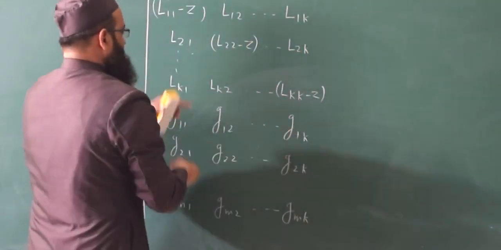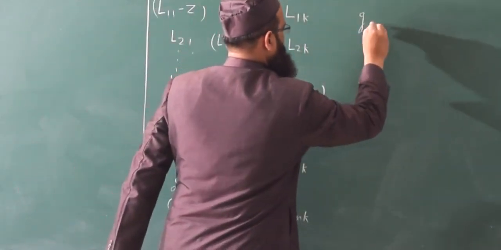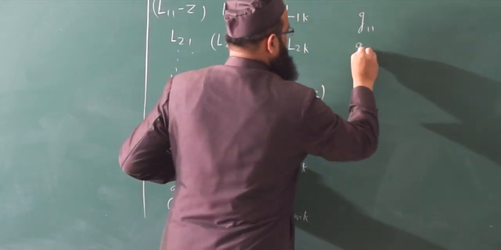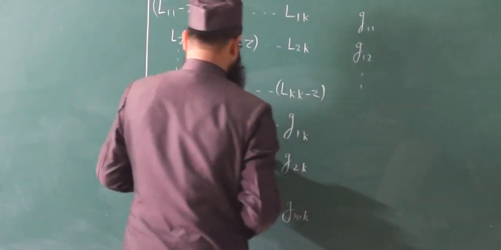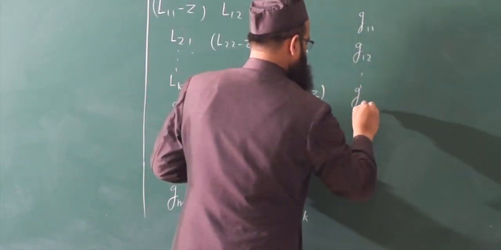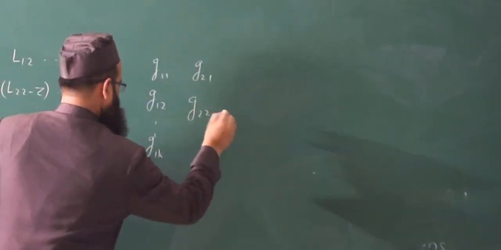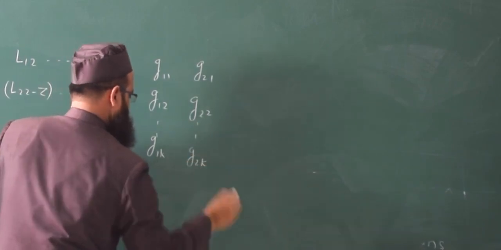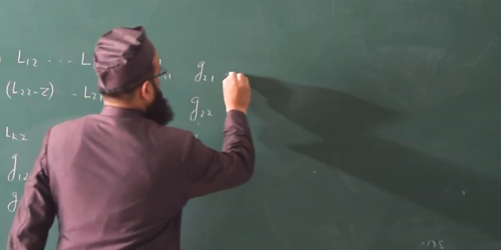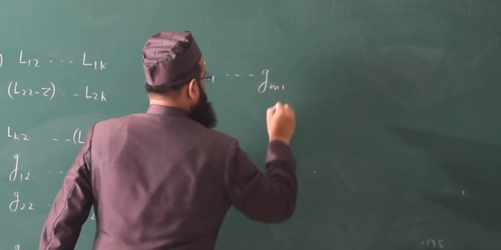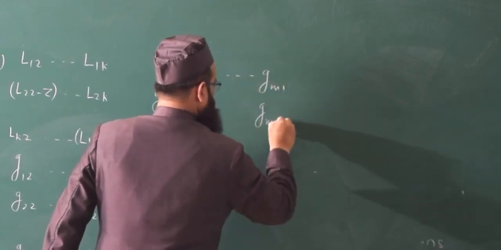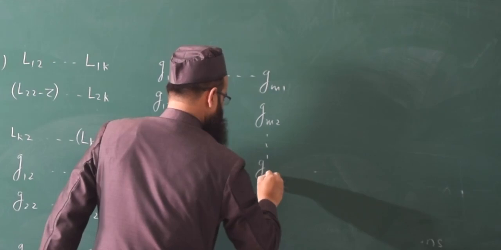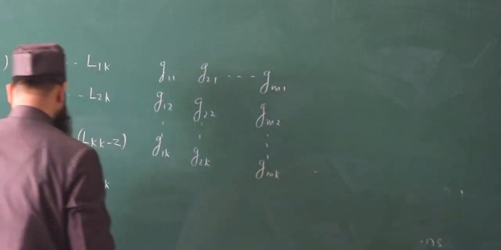Take the transpose of this, so G11, G12, up to here G1k, G22, G2k, and so on, Gm1, Gm2, Gmk.